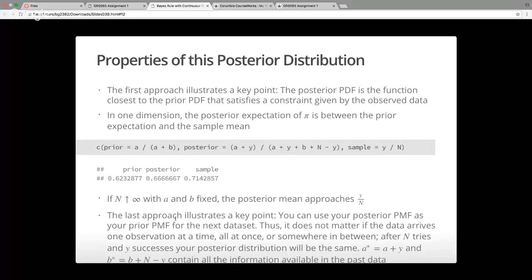And the last thing here, you can use your posterior PDF, that's wrong, it should say PDF, as your prior PDF for the next data set. So it wouldn't matter if your 7 observations arrived one at a time and you updated your posterior belief 7 times, or they all came at once and you updated it once.